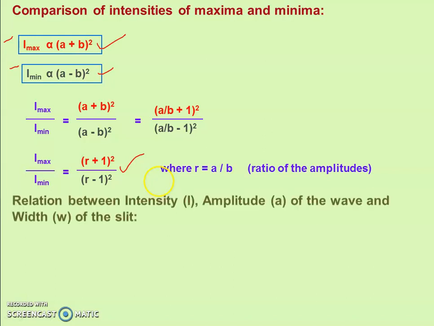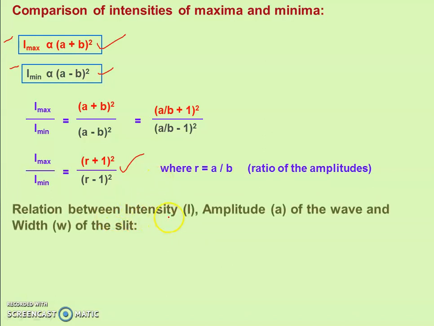Now see, the relation between intensity, amplitude and width of the slit. If there are two slits, their widths are called W1 and W2. So what is the relation between intensity of light, amplitude and width of the slits? I is directly proportional to A square.